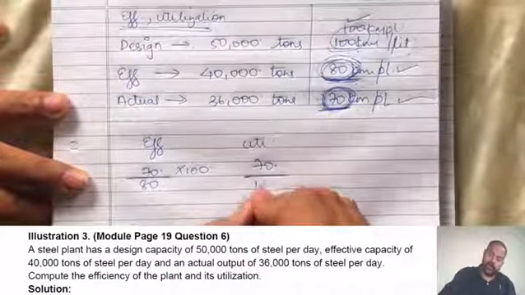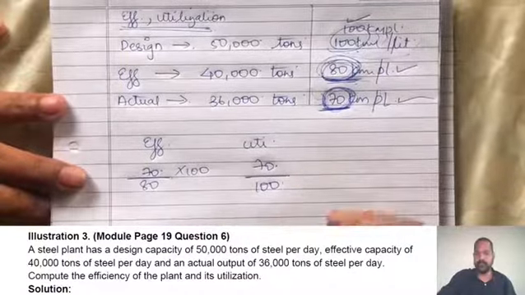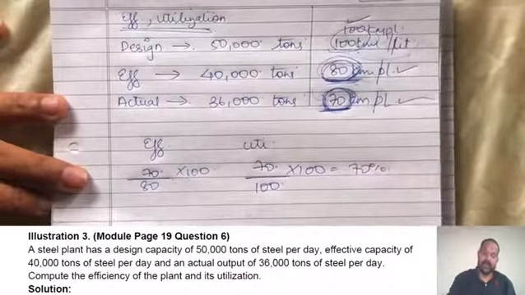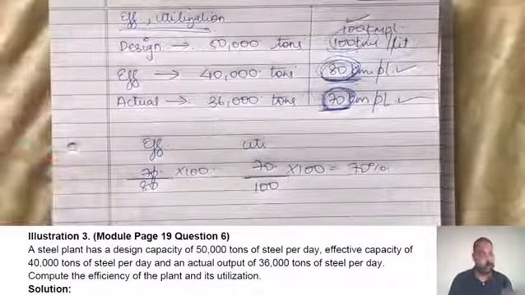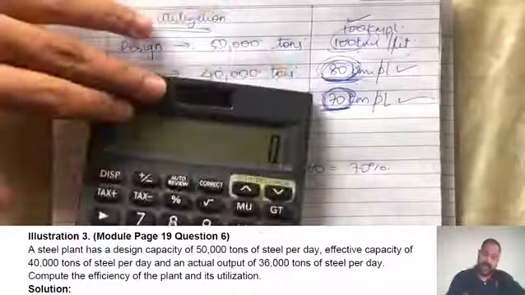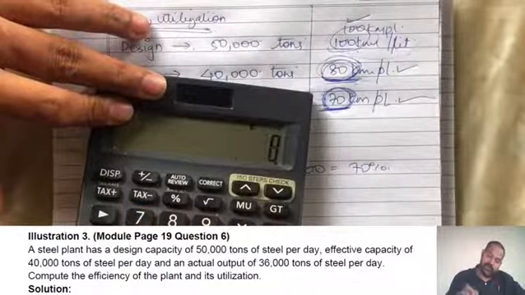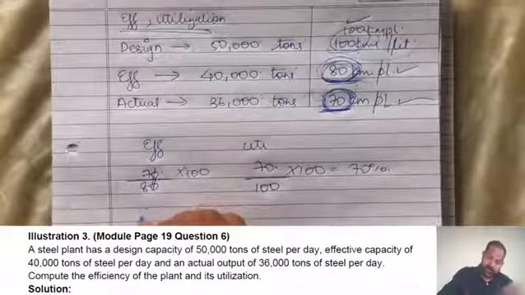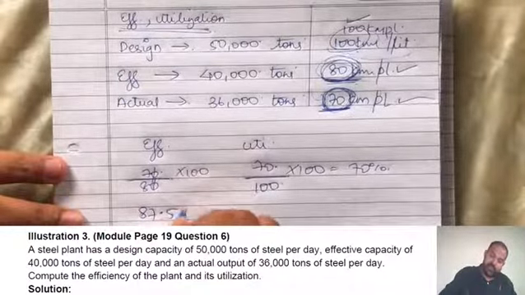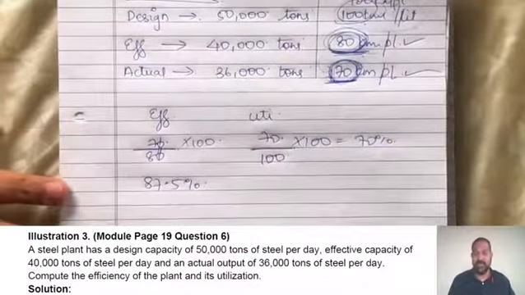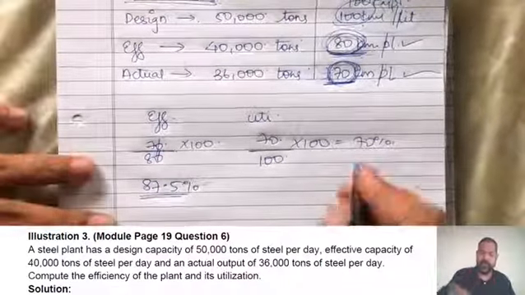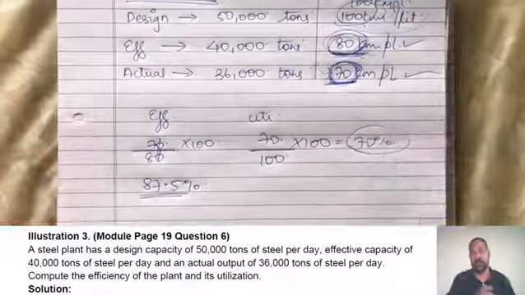Well, I am around 30% short, or I am only utilizing it 70%. 7 cancels, 0 cancels. 7 by 80 is 7 divided by 8 into 100, 87.5%. So my vehicle is 87.5% efficient, well, it is only 70% utilized.